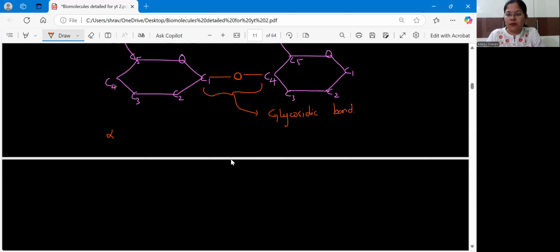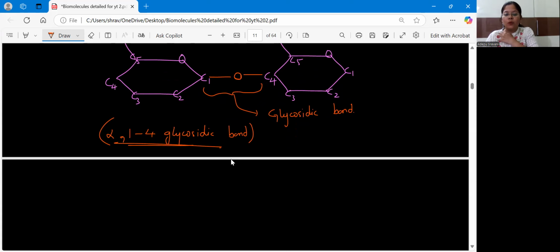C1 here and C4 here. So it is present between 1, 4. Okay, alpha glucose, C1 and C4, glycosidic bond. So this is how we name the bond between the two sugar units in carbohydrates.